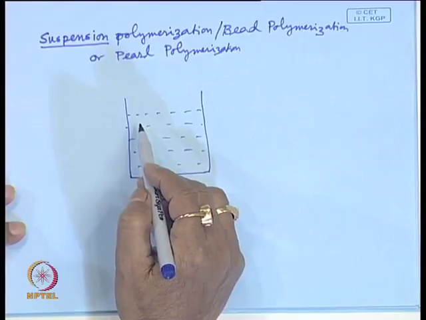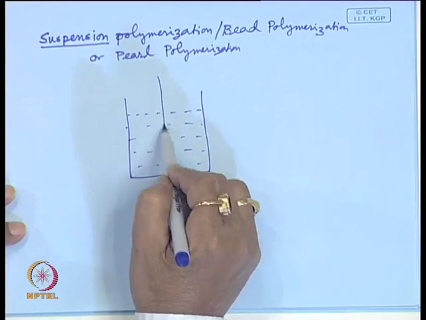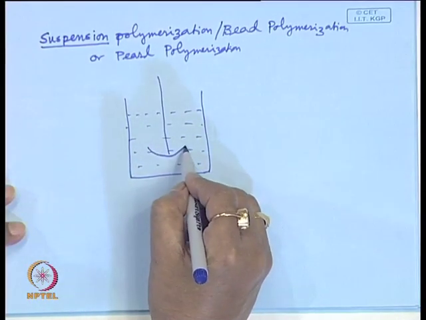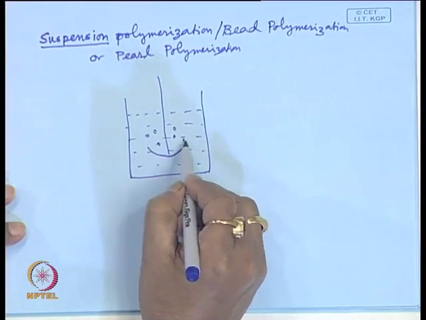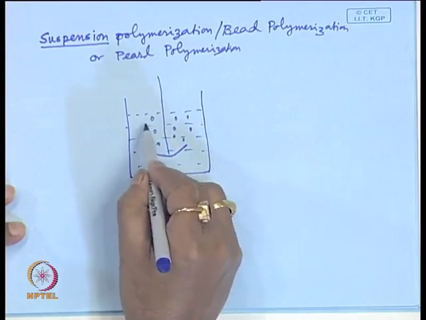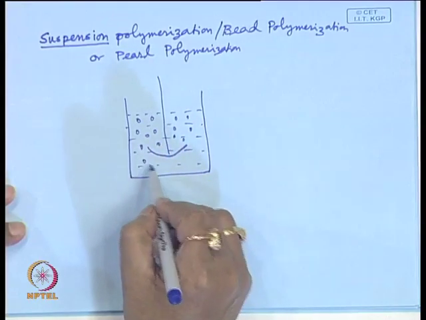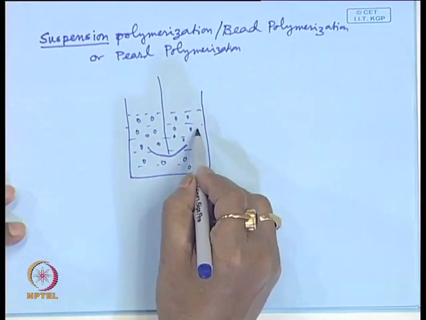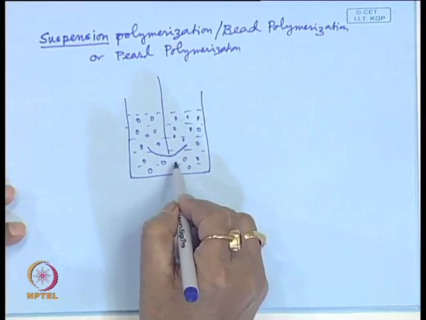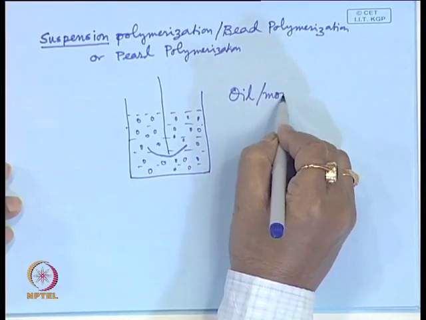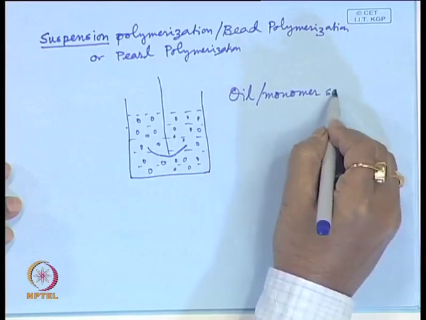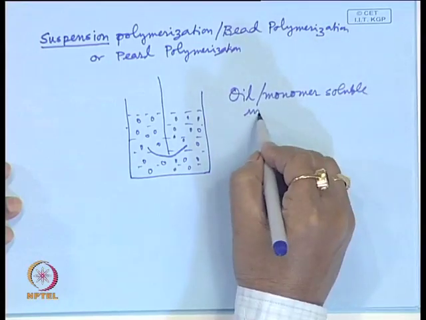So, it will form a different organic phase, and if it is kept under agitation with the help of a stirrer, it will form droplets, organic monomer droplets dispersed in this medium. And here the initiator is taken as oil or monomer soluble initiator.